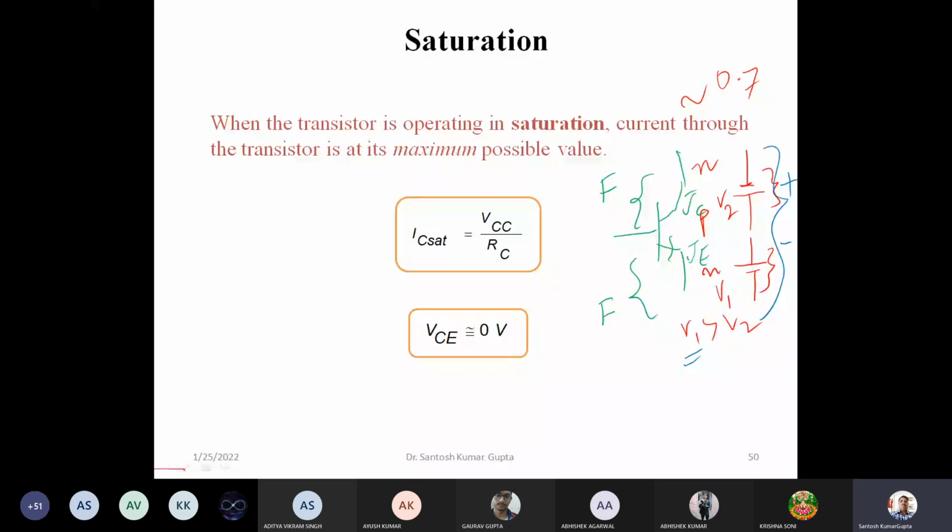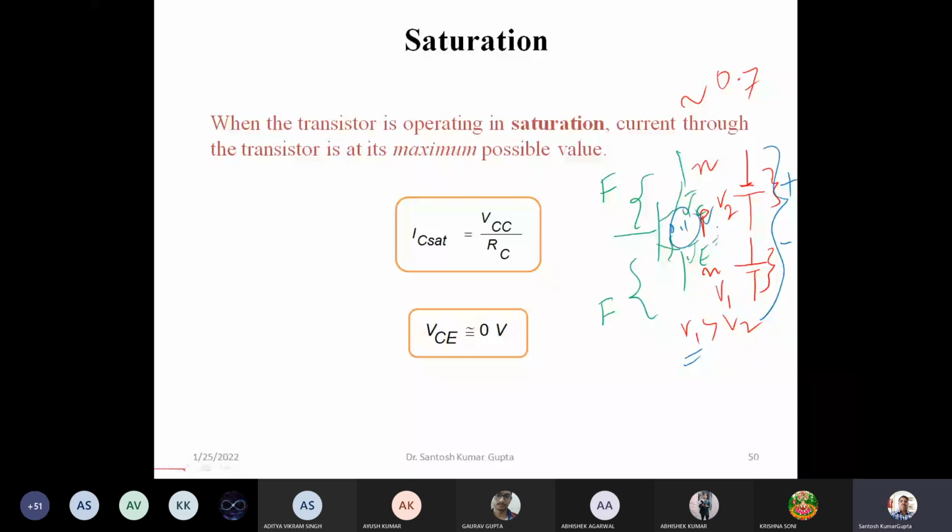If collector and emitter are identically doped, in that case it may be equal to zero, but it is very close to zero. It is not zero, but very close to zero. So it may be 0.1 or 0.2 volt, like that. This is a very small value.